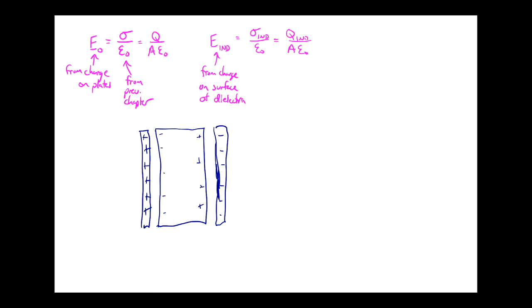All right, so these charge densities are positive and negative sigma. These charge densities are positive sigma induced and negative sigma induced. A is the same everywhere. So the electric field is clearly being created by certain charge distributions or charge densities. There are some names that are given to some of these charges.